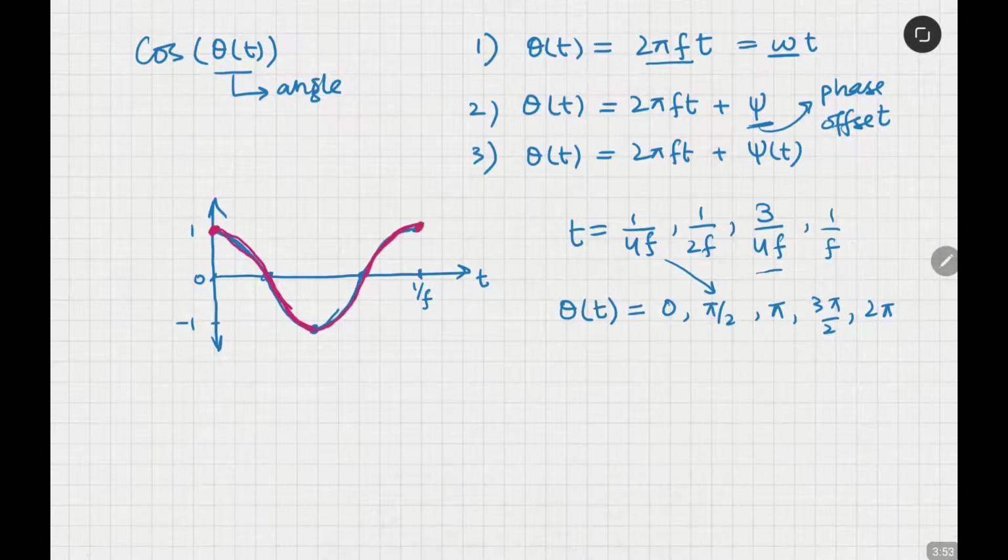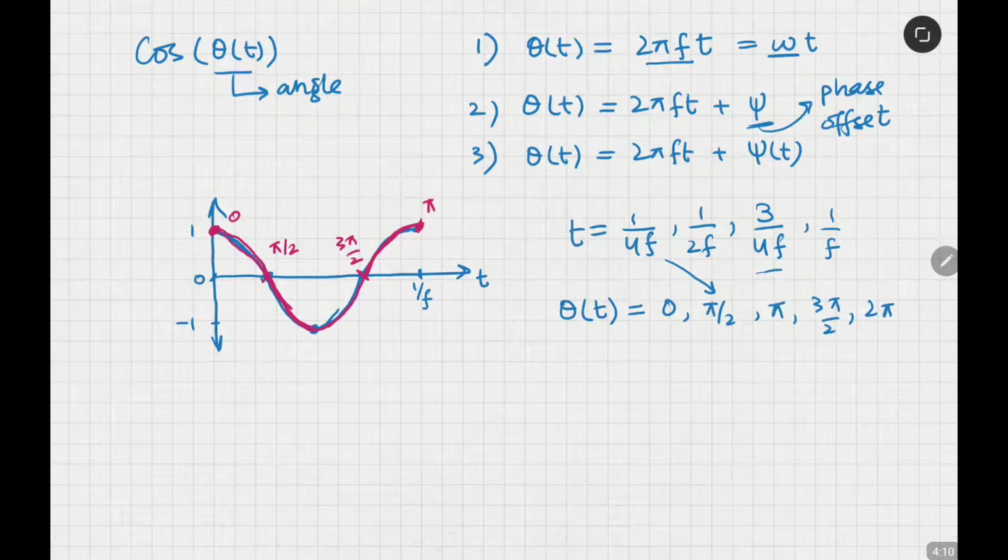Here the distance traveled is 0, here it is pi by 2, here it is 3 pi by 2, and here the distance traveled is actually pi. Now I'm using the word distance, but it's not really distance.